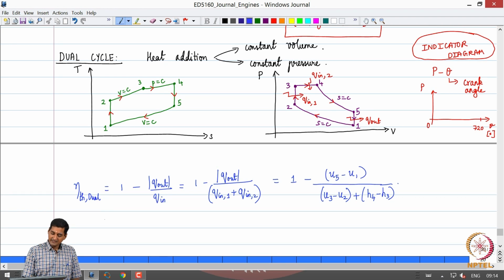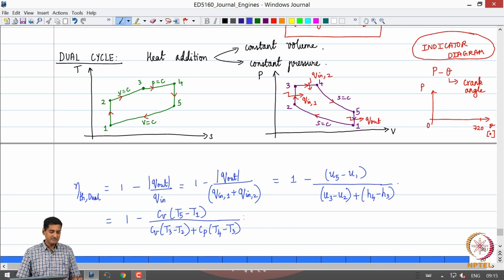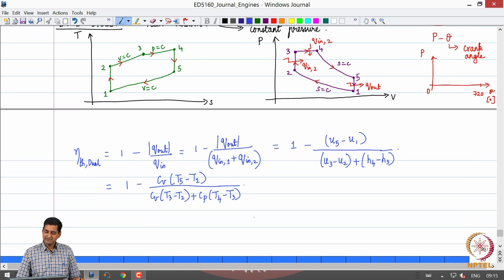So, considering constant specific heats, we are going to get Cv times T5 minus T1 divided by Cv times T3 minus T2 plus Cp times T4 minus T3. Okay. So, that is the simplified expression.